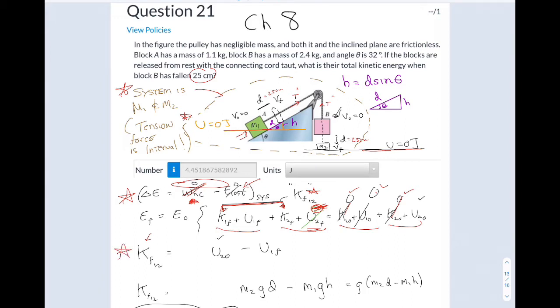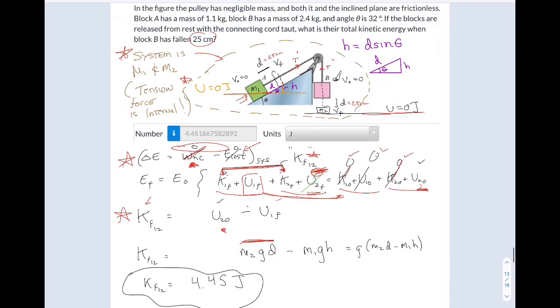The only terms I had left: I threw this one over here to make a negative, and this one is still sitting over here, positive. Initial potential energy of number 2 is M2 g times the height d. And then the final potential energy of number 1: number 1 is now up here, so it's gone up by a little height.